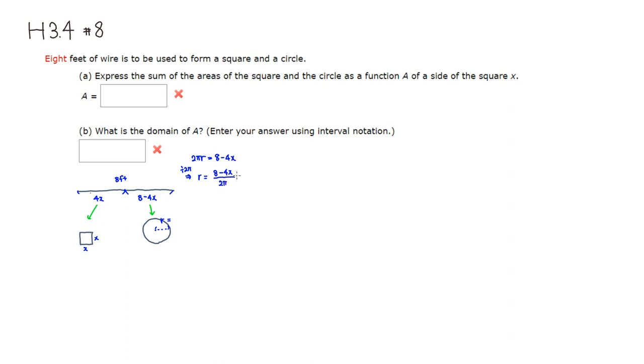So r is equal to (8 minus 4x) over 2 pi. Since the top is even and the bottom is even, I'm going to divide top and bottom by 2. So we have 4 minus 2x over pi. The radius is 4 minus 2x over pi. Now let's express the sum of the areas.